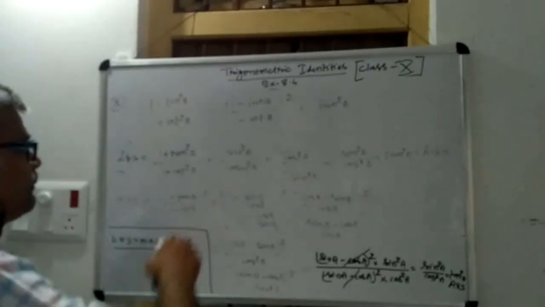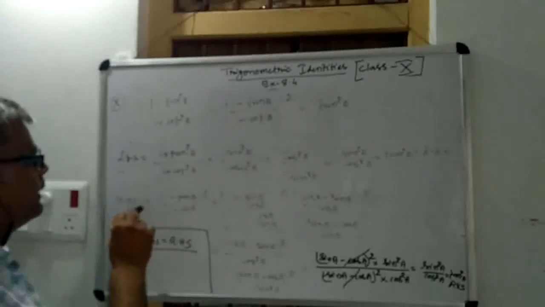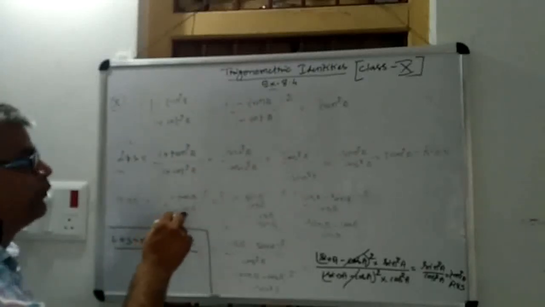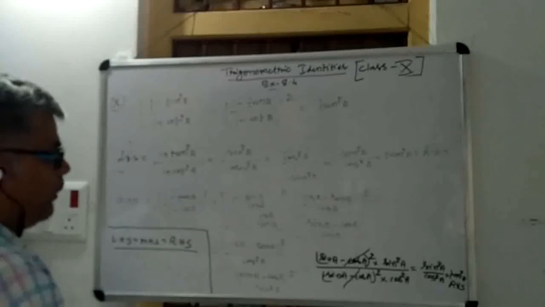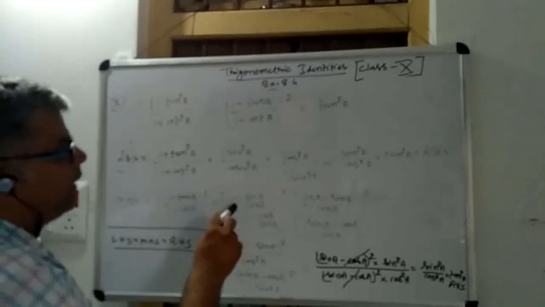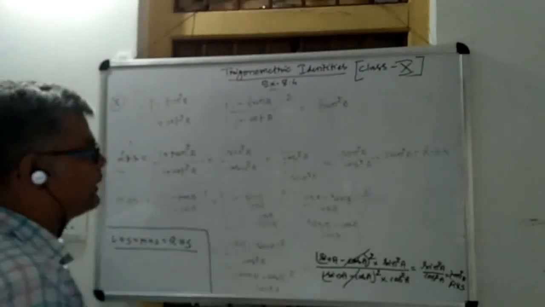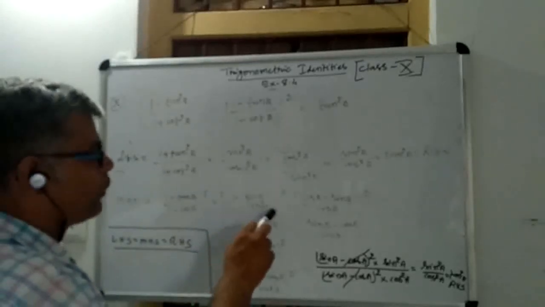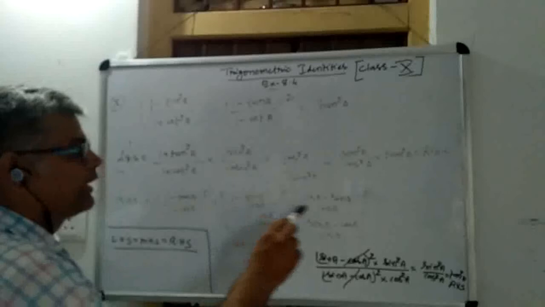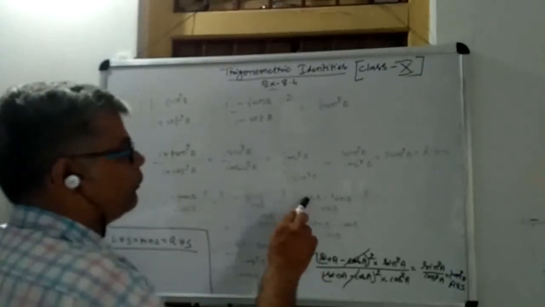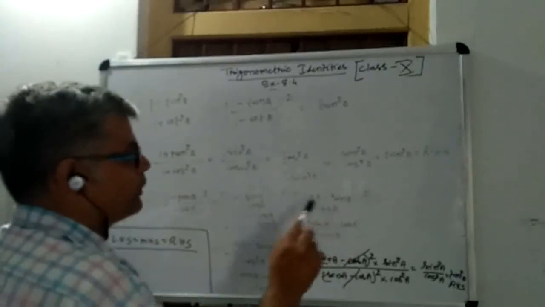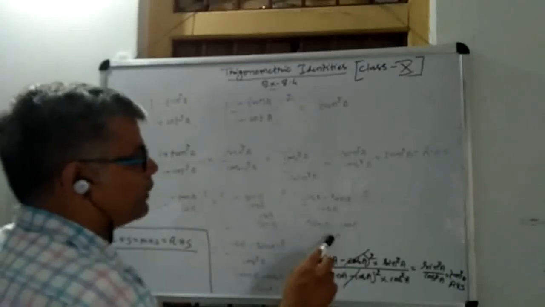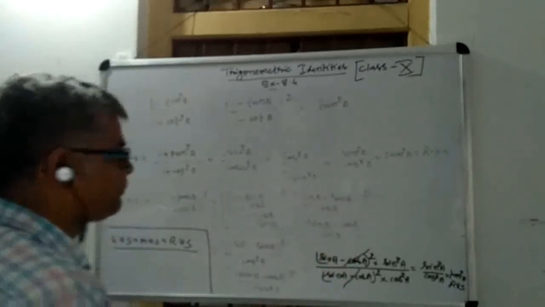Now take the MHS part. Your MHS part is 1 minus tan A by 1 minus cot A, whole square. So 1 minus tan A can be written as 1 minus sin A by cos A, and 1 minus cot A can be written as 1 minus cos A by sin A. Now taking cos A as LCM, we have cos A minus sin A by cos A, and sin A minus cos A by sin A, whole square.